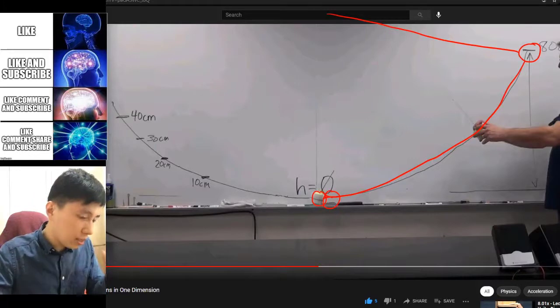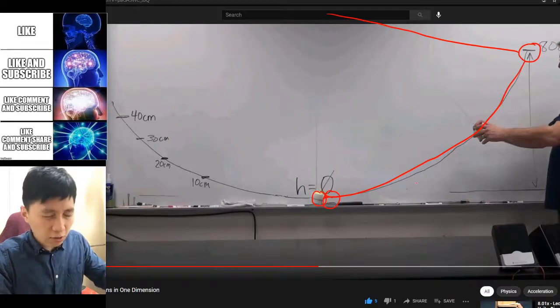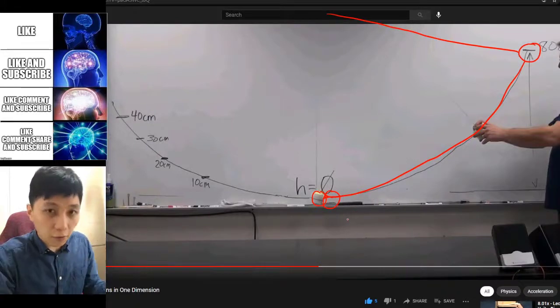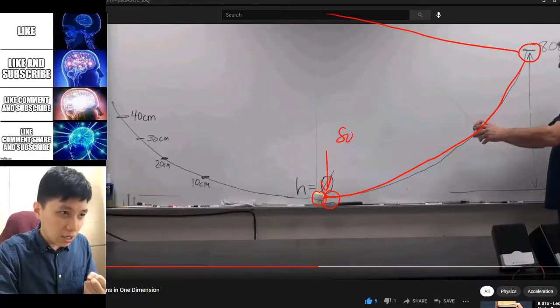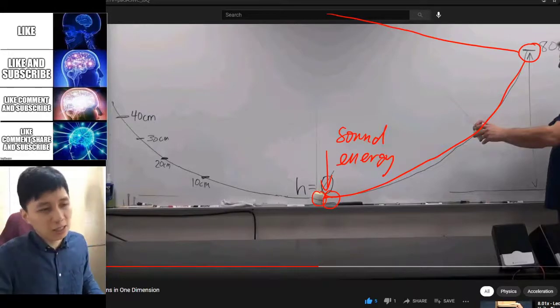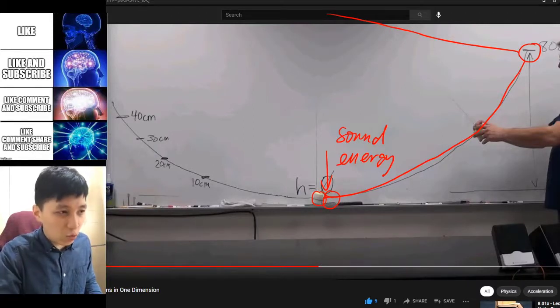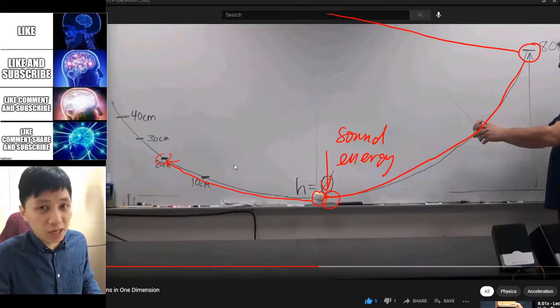So in this case, some of the energy from GPE or even the KE, since it's moving at a certain speed, will be transformed into sound energy. The sound energy here is the one that takes the energy away from the ball and is dissipated in the surroundings. That's why these two balls wouldn't have as much energy when they go up, and therefore can only reach up to 20 cm.